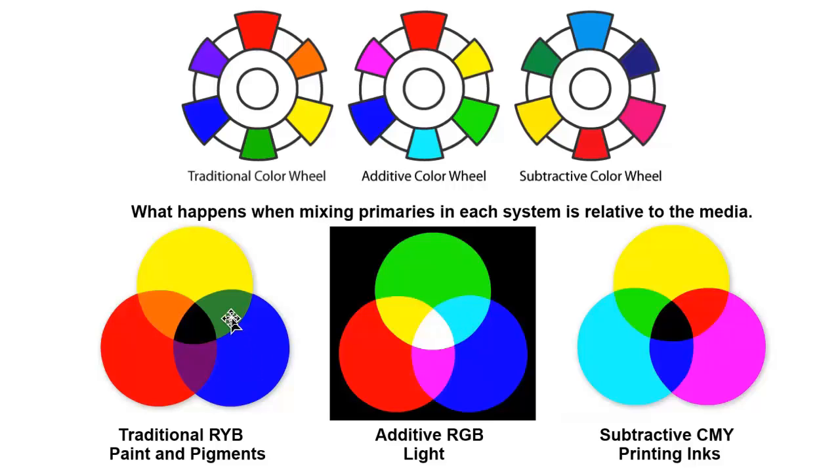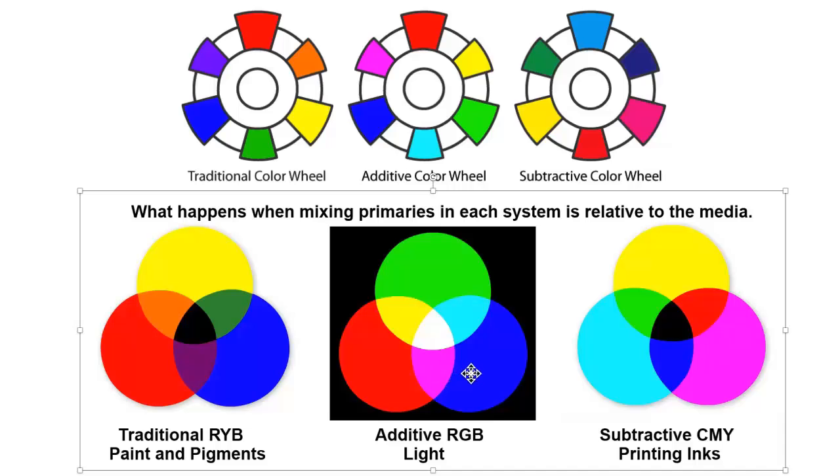We don't get a cyan color when we mix any colors of paint together. You can formulate paints that make a cyan color or a magenta color, but you can't mix them from the primary colors. Whereas in the RGB light, blue and red will create magenta, red and green will create yellow. I mean, red and green aren't even primary colors in the traditional paint system, so it takes a while to become familiar with these systems.